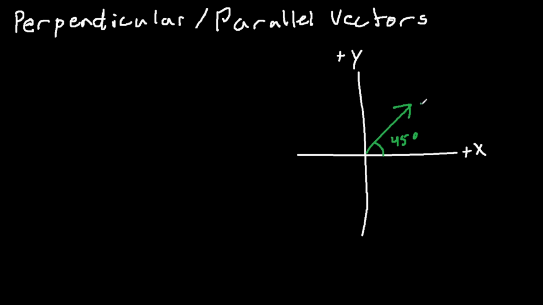Let's call the magnitude here 5. Not 50, 5. You can have the same exact vector going in the opposite direction, right? And this is still a straight line, is it not?